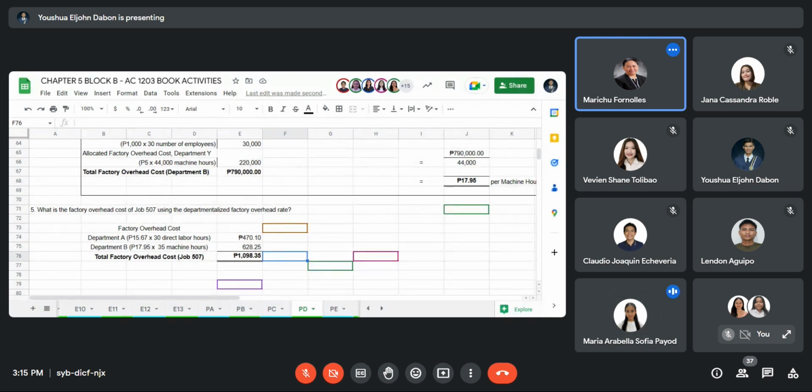We get 1,098.35 pesos. That's the answer to number 5: the overhead applied to job 507 using the departmentalized overhead rates would be 1,098 pesos and 35 centavos.